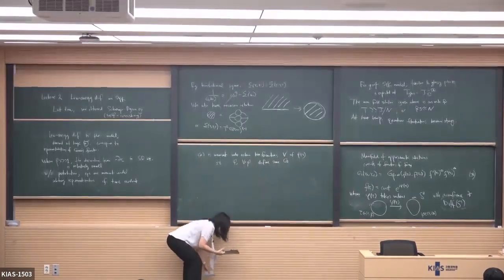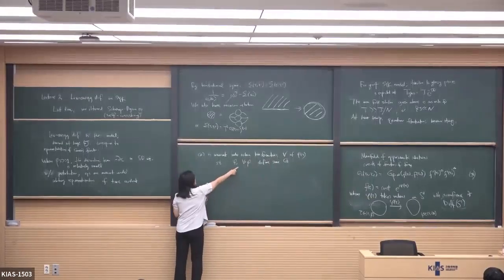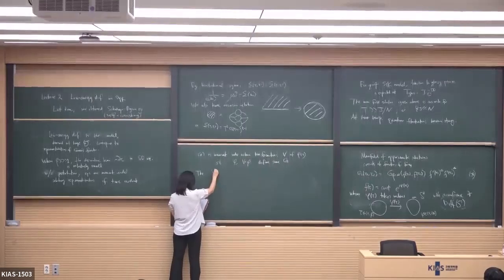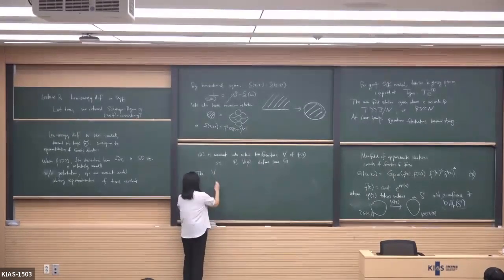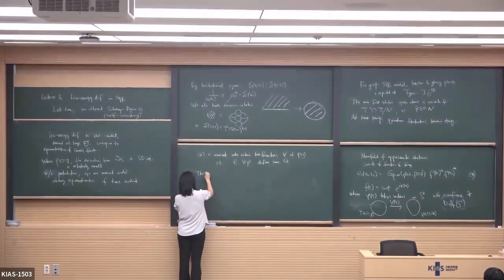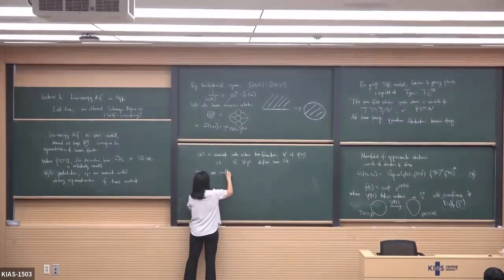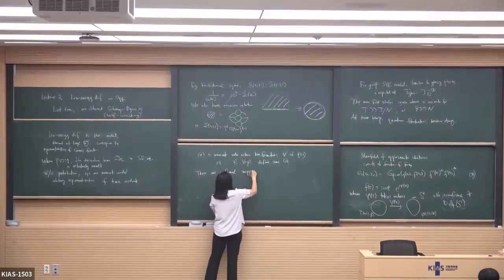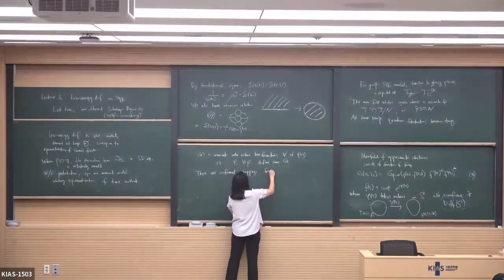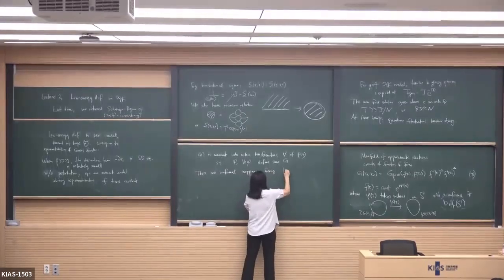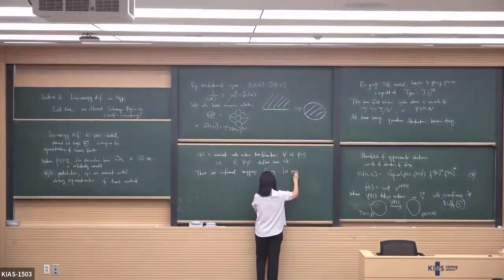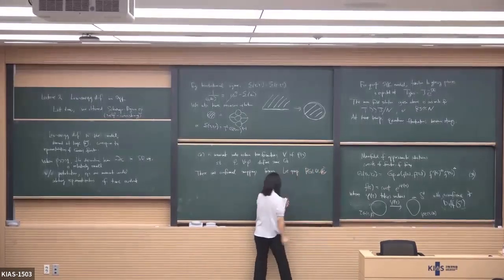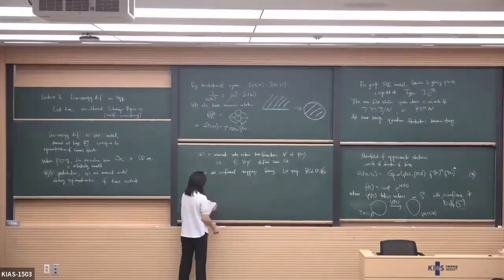So the V for which this is true are conformal mappings forming the Lie group PGL2R. Okay. So these are basically the fractional maps.